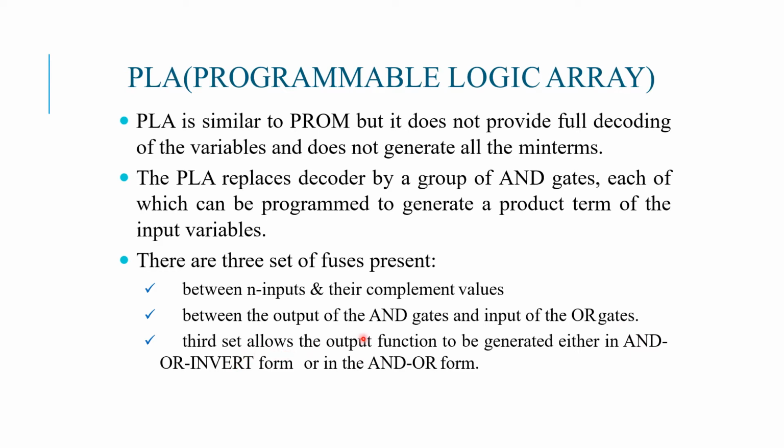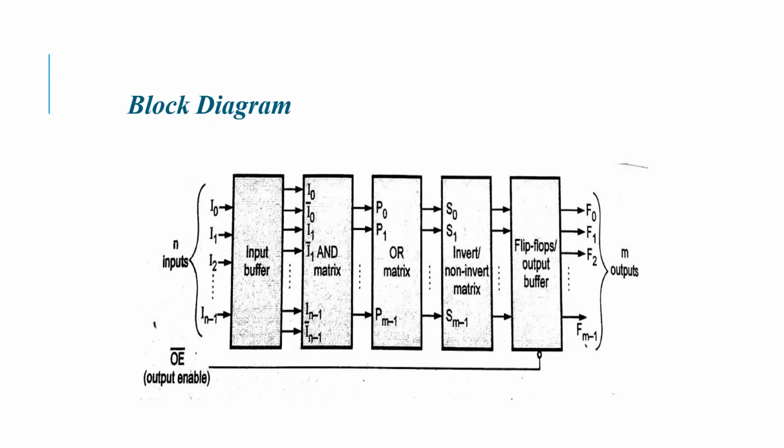The third set allows the output function to be generated either in AND-invert form or in the AND-OR form. Here one thing we have to remember is both AND gate and OR gate are programmable in PLA.